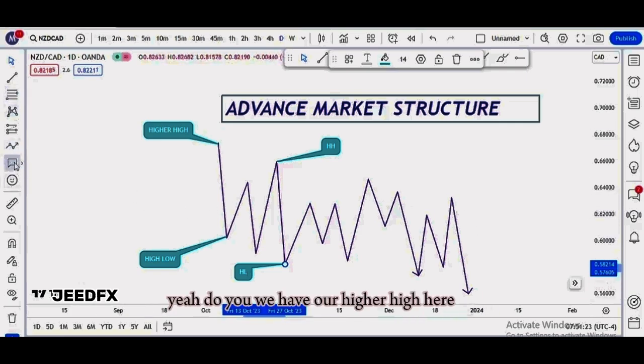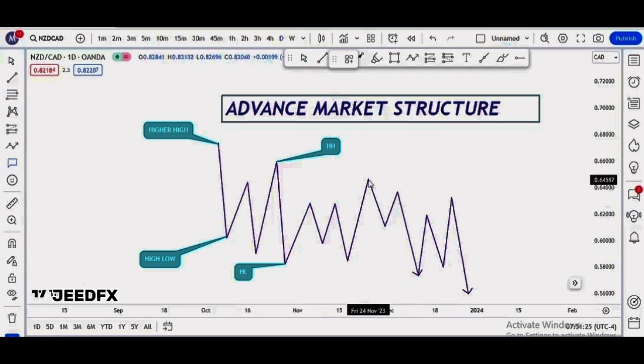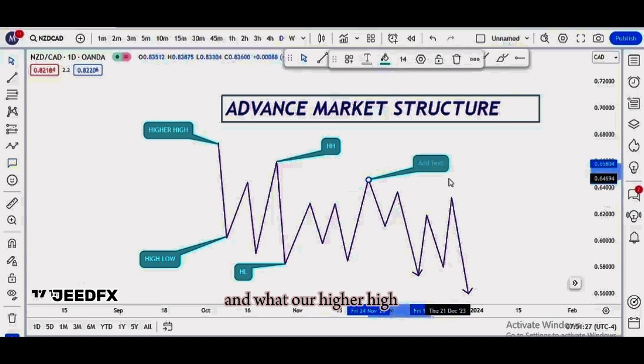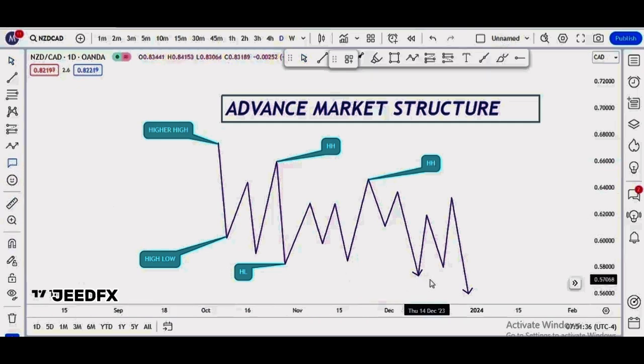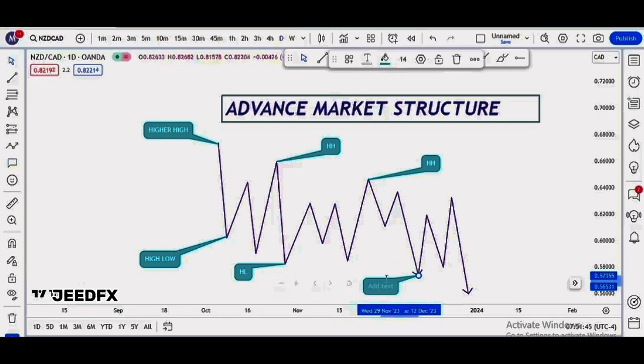Here again we have our higher high here. Our higher high, and we have our higher low here. Have our higher low, higher low.